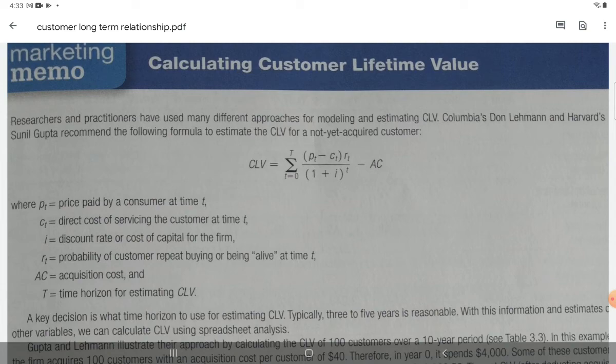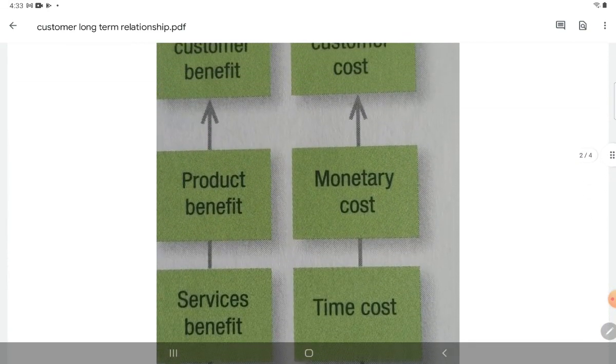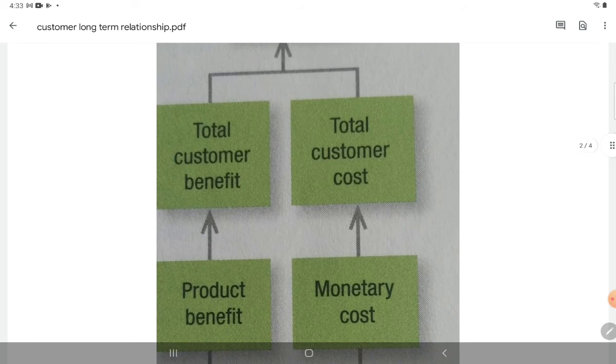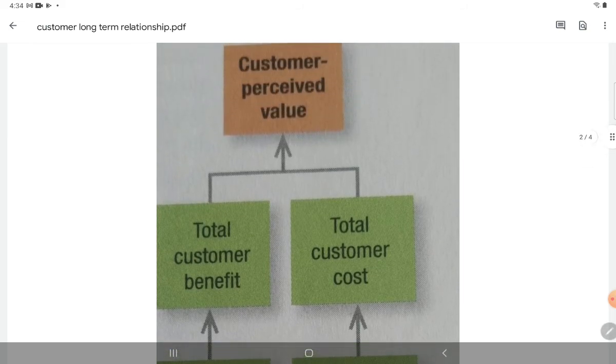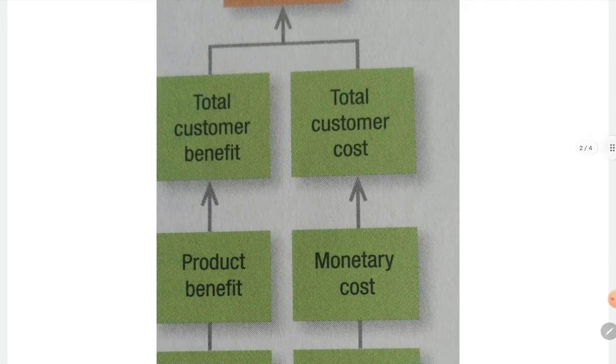So we need to understand the things for which the consumer is going to pay the price. For that we can use another figure taken from the textbook only, where customer perceived value has been taken into account. So total customer benefit is there, and parallel to that, total customer cost has to be calculated.